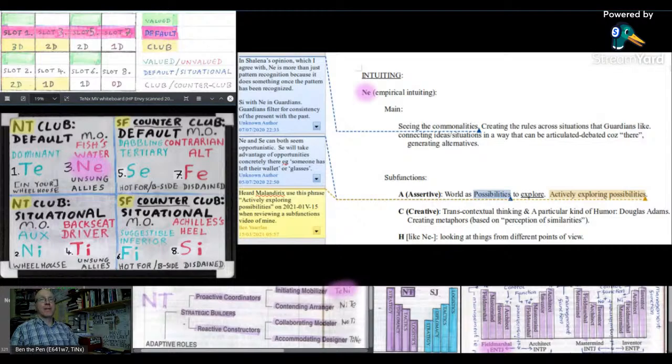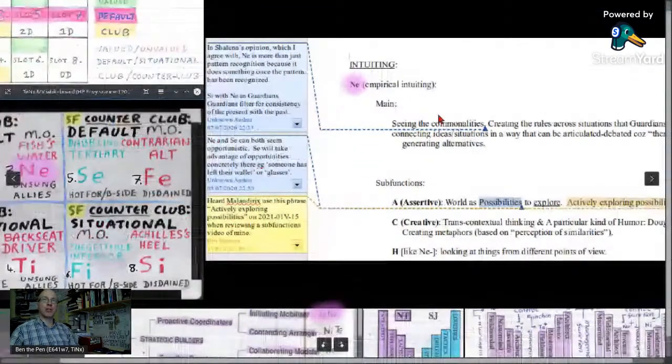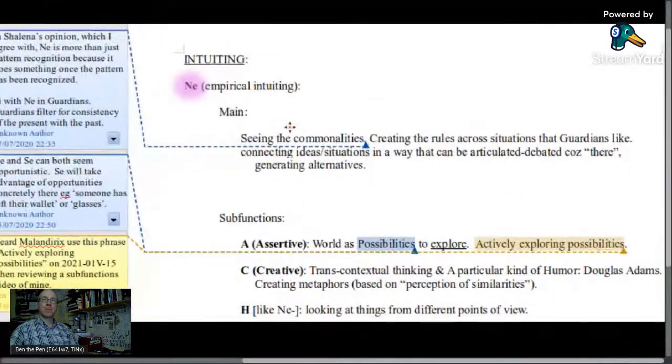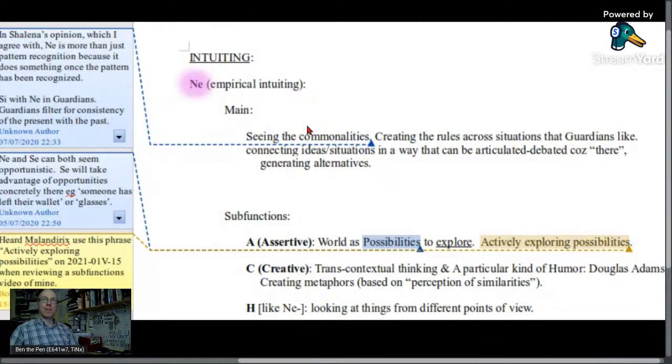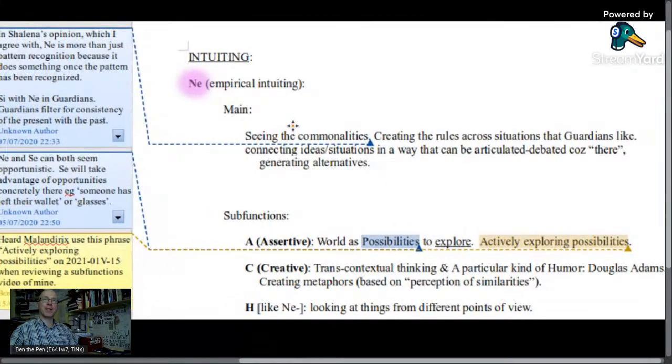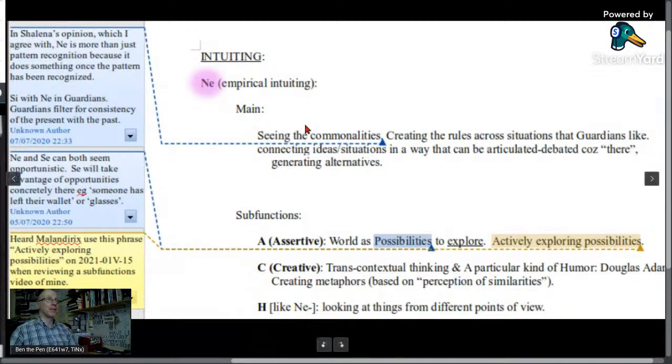So there's a lot of exploration going on with Ne, exploration in the world and exploration of ideas. And so ENTJ might think, well, it's inefficient to just explore and have fun with ideas. So you can sort of see that.